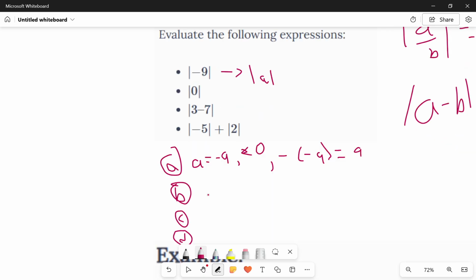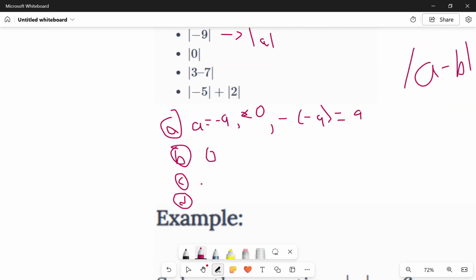Then the absolute value of 0 is always equal to 0. Absolute value of 3 minus 7: 3 minus 7 is -4. If I apply the same rule, this will equal 4. Absolute value of -5 plus 2: well, the absolute value of -5 is 5, plus 2, which is equal to 7.